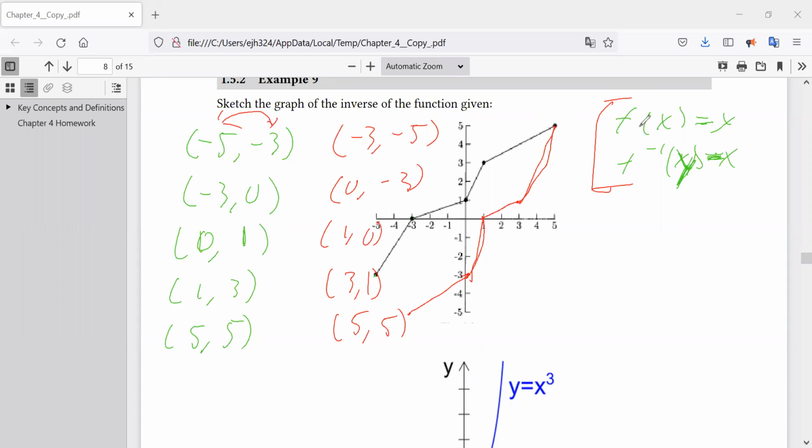This is the definition of the inverse, because if we have f of f inverse of x, we need to get x out, right? Actually, let's switch the order there.